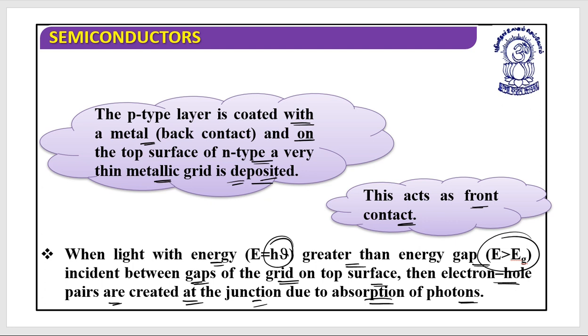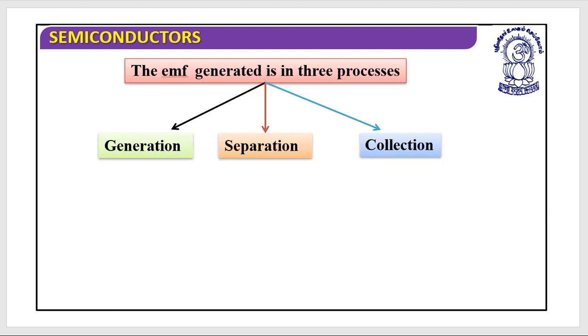Due to this absorption of photons, EMF can be developed, and this EMF is developed in three different processes. One of them is generation, another is separation, and the third one is collection.